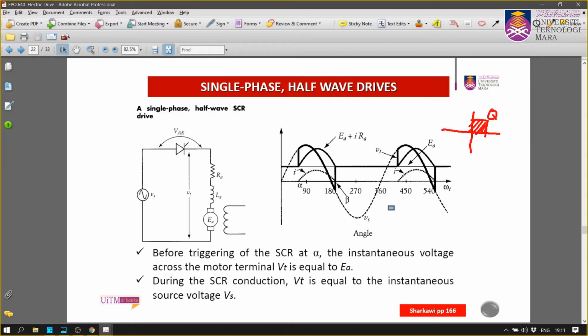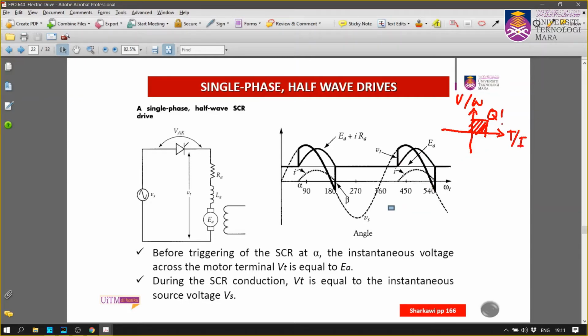Quadrant 1, whereby you have omega on top, or you can also use the voltage against current.